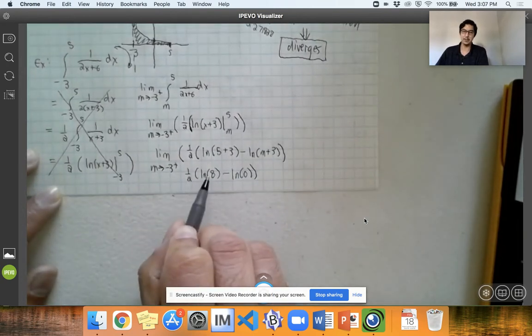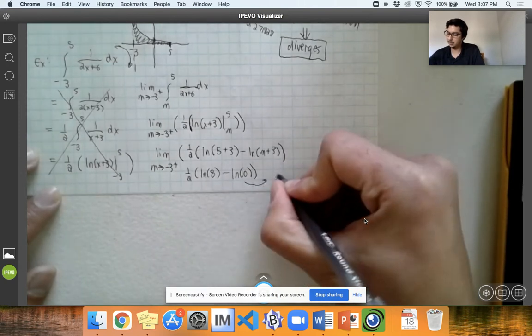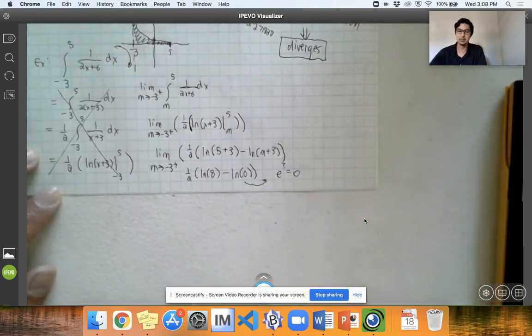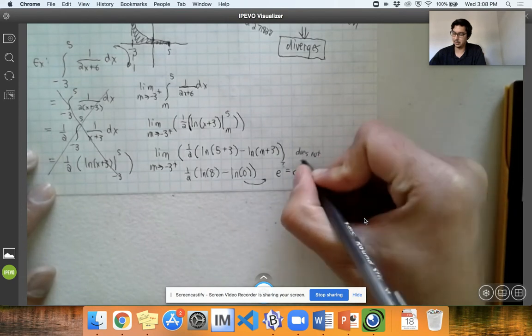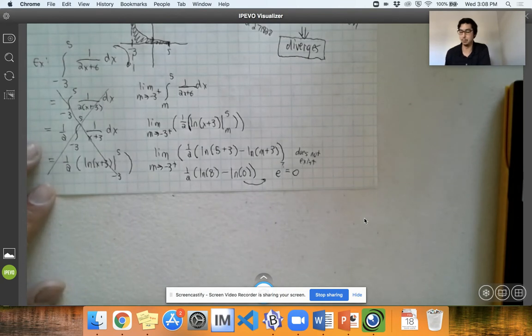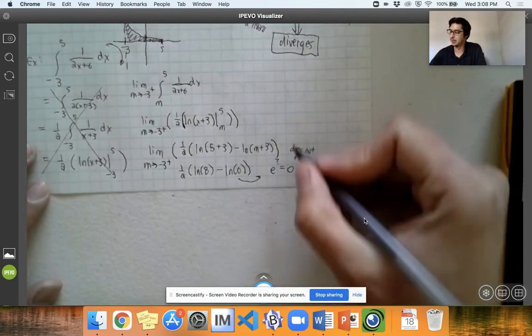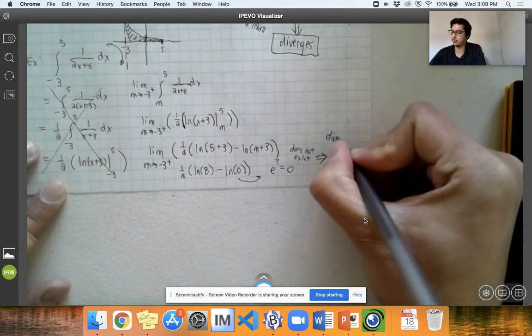Now, natural log of 8 is a number, that's fine, but what's natural log of 0? E to what power gives me 0? That does not exist. You can't raise it to a power and get 0. The only way you multiply to get 0 is if you multiply by 0, which is not happening here. So all of this implies that this diverges.